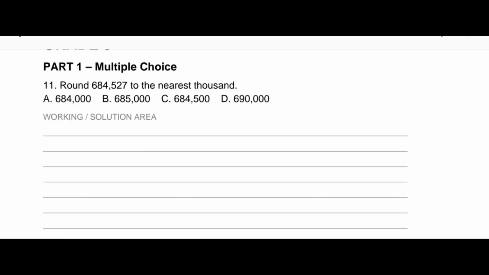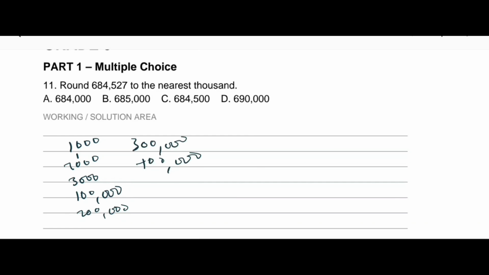When they say you should round something to 1,000, this is what they are trying to say. They are trying to tell you to make sure the number looks like this: 1,000, 2,000, 3,000, 100,000, 200,000, 300,000, 400,000.